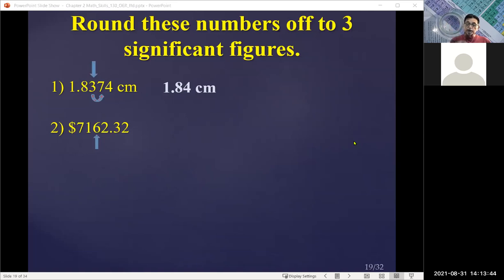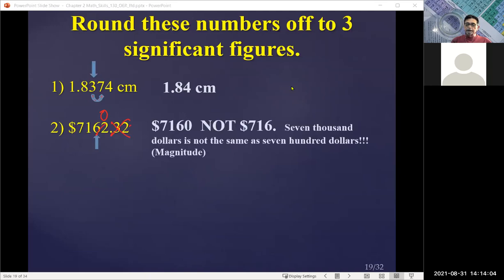You have to replace that with a 0, because if you don't, you change the magnitude. The numbers after the decimal point, you can drop. They don't make a difference. You don't do anything to the magnitude. So these can go away, and that 2 becomes a 0. And your answer is 7160, not 716. There's a big difference. $7,160 versus $716.